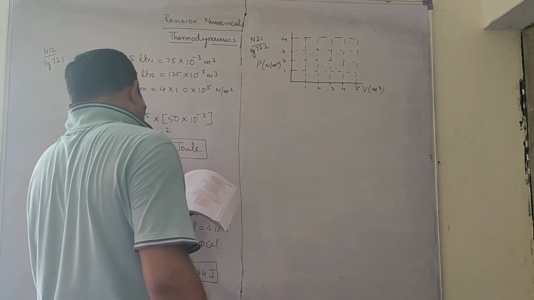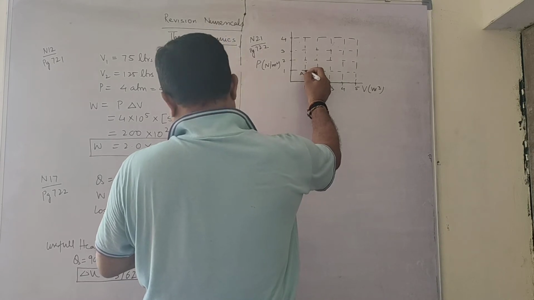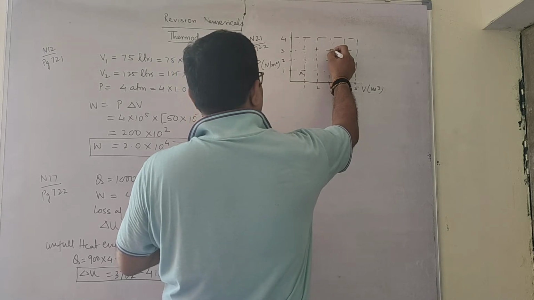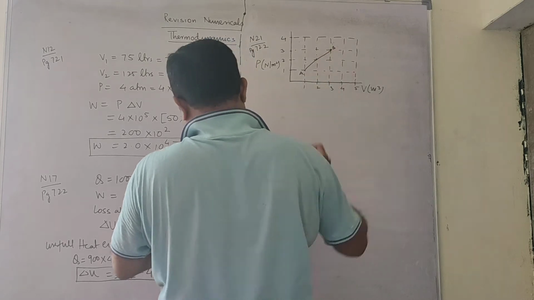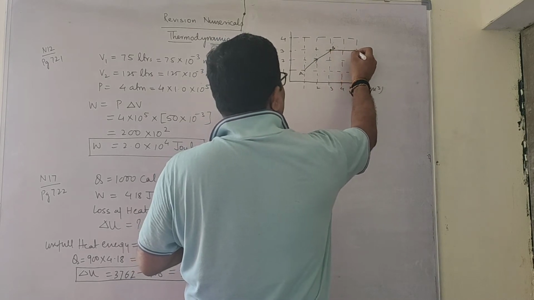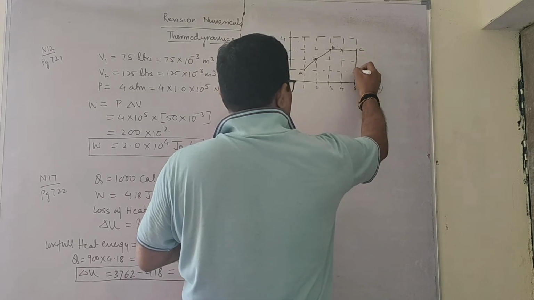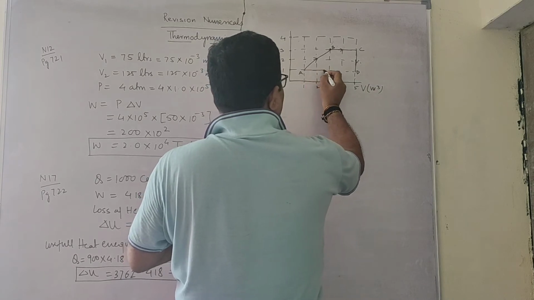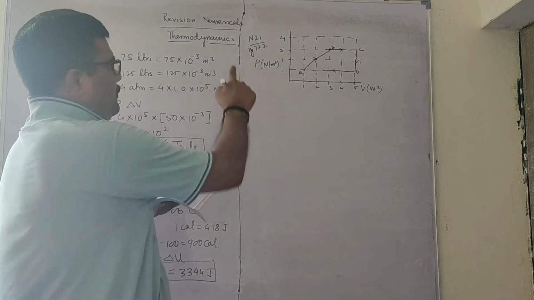This is the diagram starting from A. A is this point and this is B. Then this is B to C. This is C. Then C to D, and then this is the diagram, PV curve, pressure and volume curve.